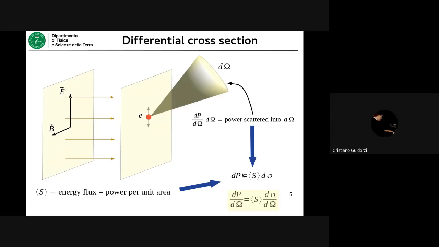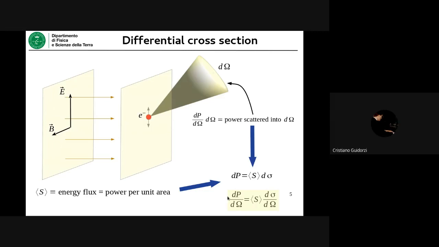If you divide both sides by d omega, you automatically define the so-called differential cross-section. From a dimensional point of view, it is an area over a solid angle. Multiplied by the incoming flux on the electron, it gives you the power scattered by the electron.